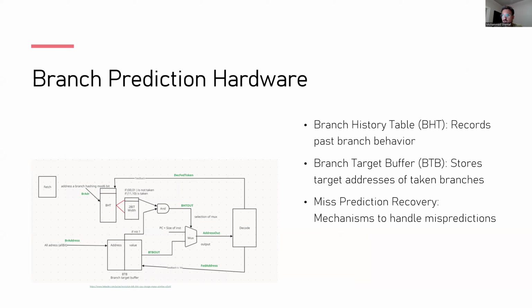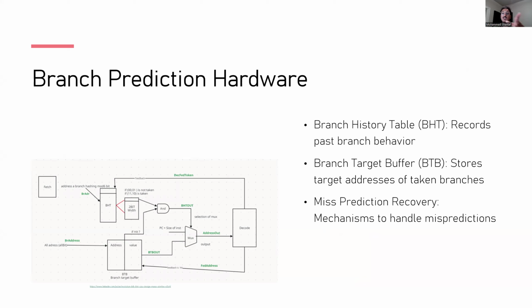In the diagram shown, there's a BHT as well as a BTB. The BTB, the branch target buffer, as seen, stores target addresses of taken branches. As for the BHT, it records past branch behavior.